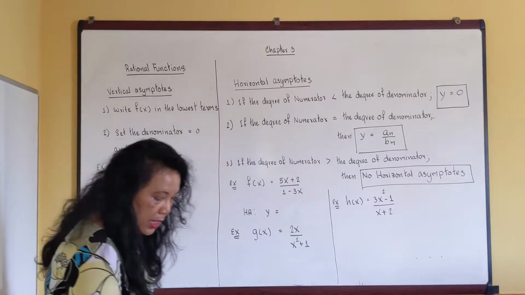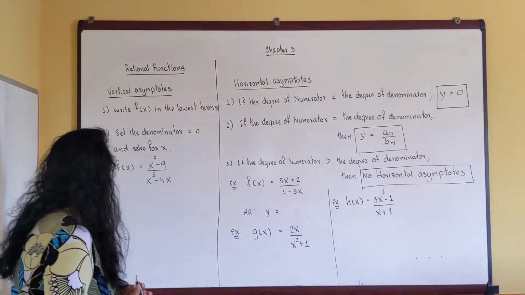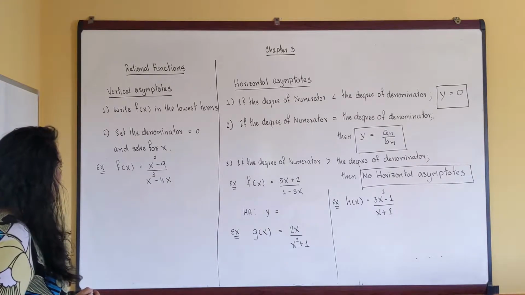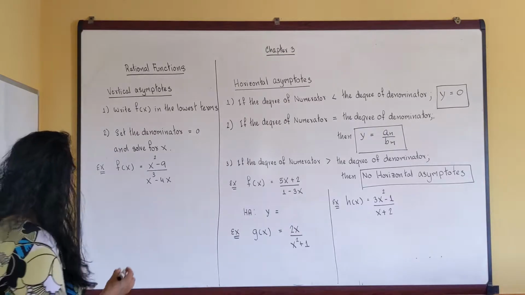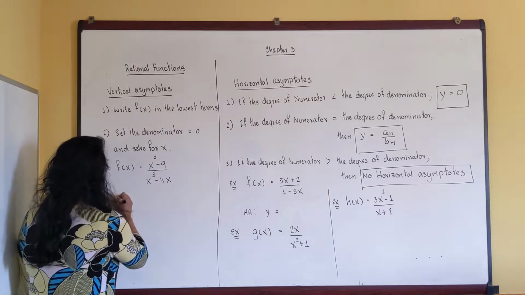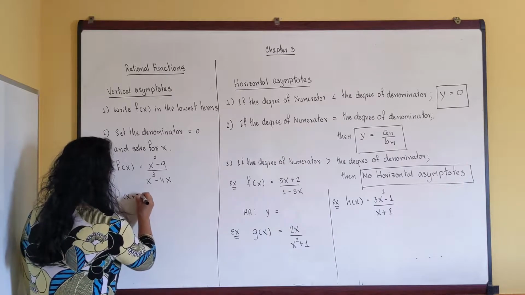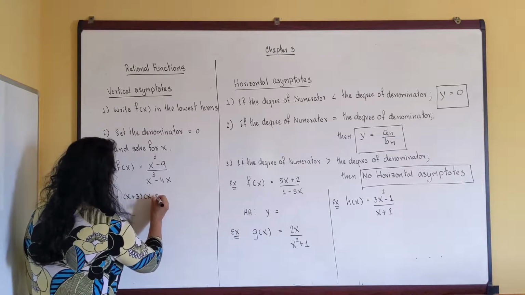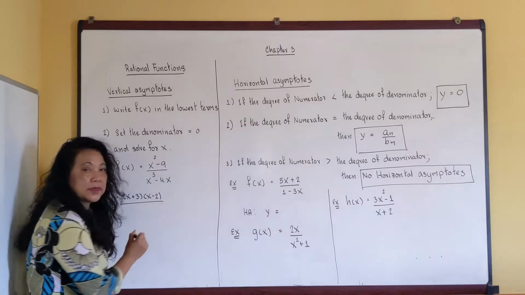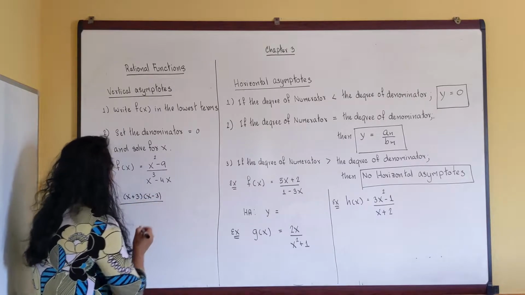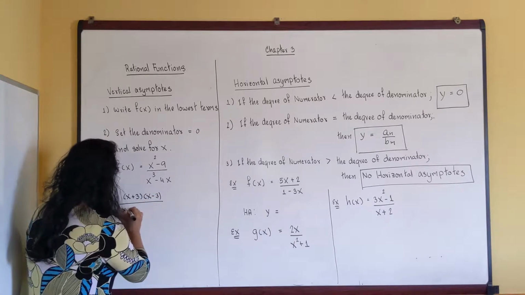For example, I have this function f of x is equal to x squared minus 9 over x cubed minus 4x. So I'm going to write in the lowest term. So I'm going to factor it first. So I'm going to have x plus 3, x minus 3 on the numerator. On the denominator, I factor out the x.